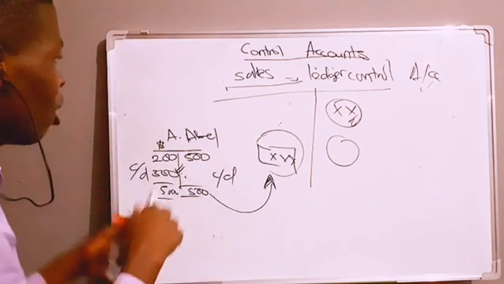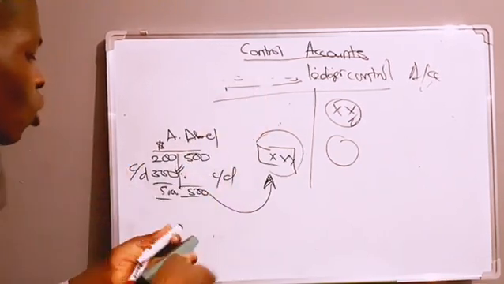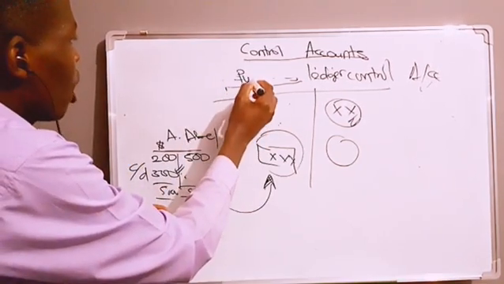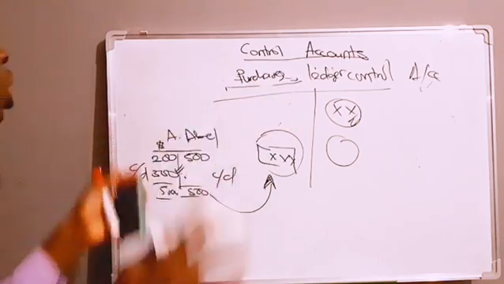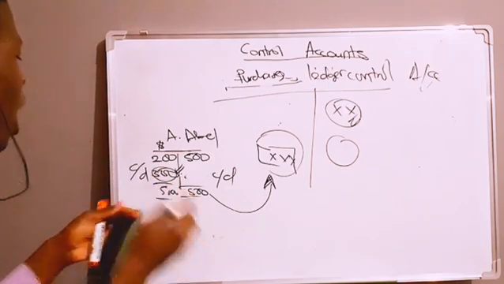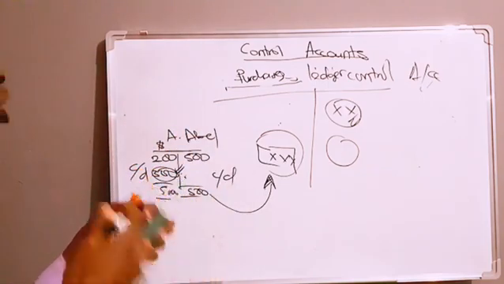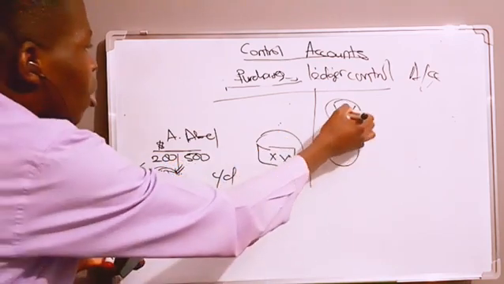Also in the purchases control account, we record the total payables. The balance along with the other suppliers that you owe as an entity, we take the whole balance and put it on this side.